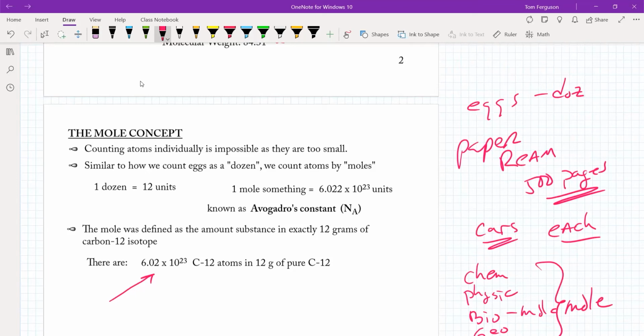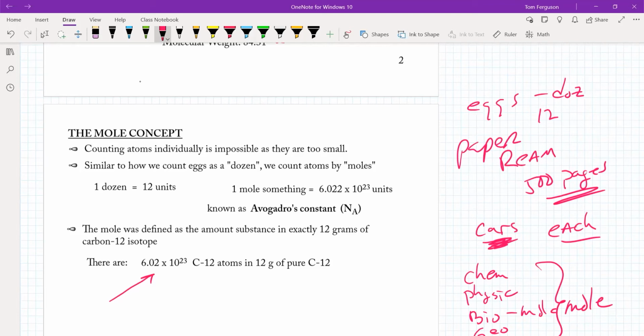You can put an egg in the small part of your palm, and we have 12 per dozen. Paper is really light, so there are 500 pages per ream. Cars are really, really big, so we're talking about 1, or each. When things get smaller and smaller, the convenient unit tends to get bigger and bigger.